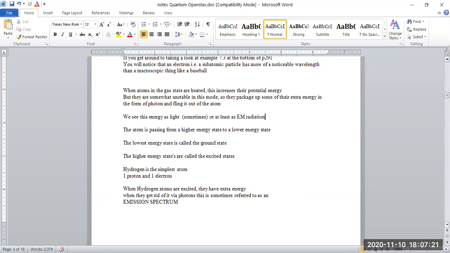I think the idea being that unless you're digging a hole, once you stand on the ground, you can't get lower than the ground. So I think this kind of goes together there. And then everything that is above the ground state ends up being referred to sort of collectively as the excited states.